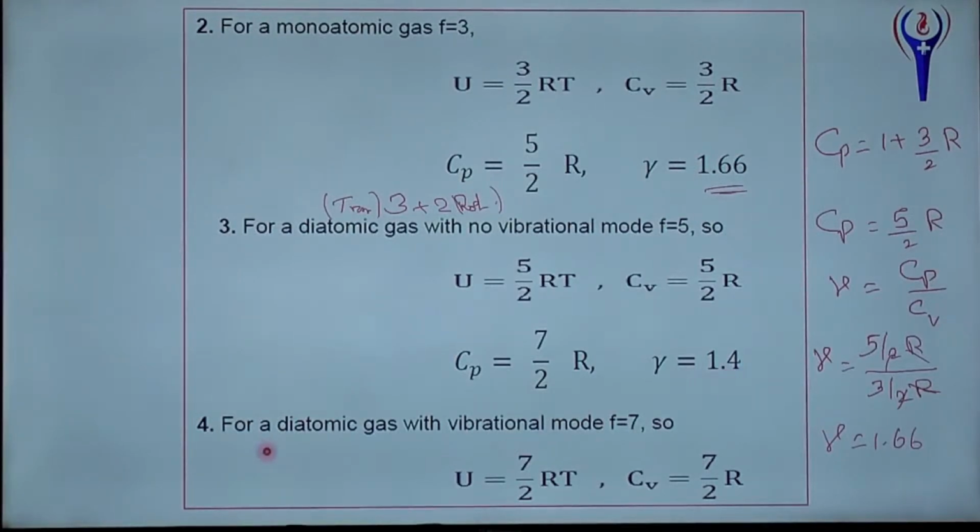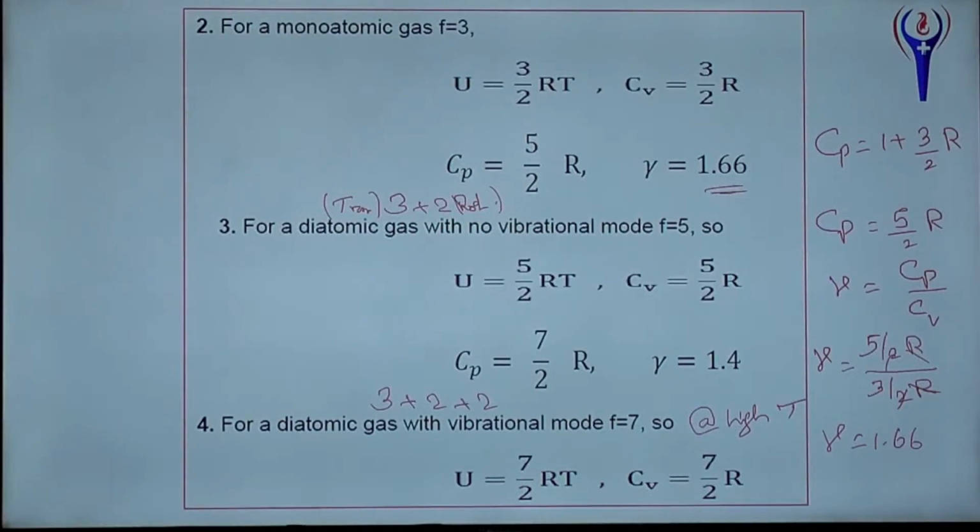Okay. For a diatomic gas with vibrational mode, that is at high temperature. This is possible at high temperature. Then F equal to 7. That is 3 plus 2 plus 2. 3 is for translation, 2 is for rotational, and next 2 is for vibration. Then U equal to 7 by 2 RT, and Cv equal to 7 by 2 R. And Cp equal to, can you say what is Cp?